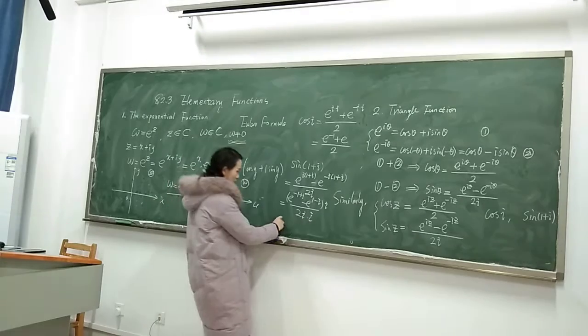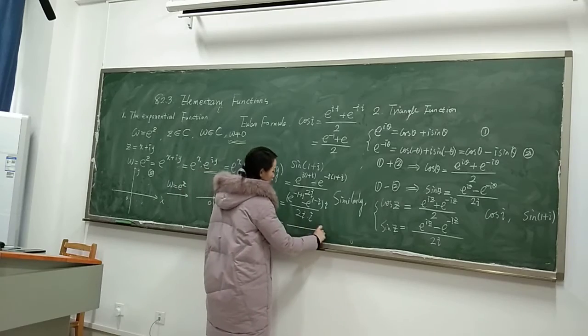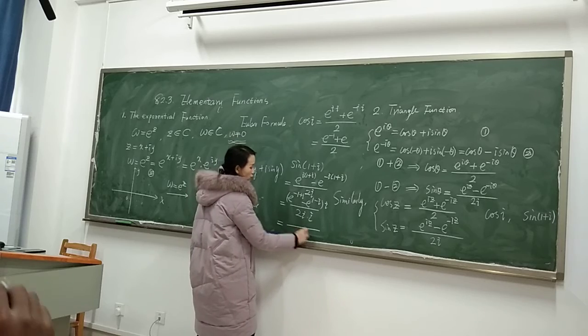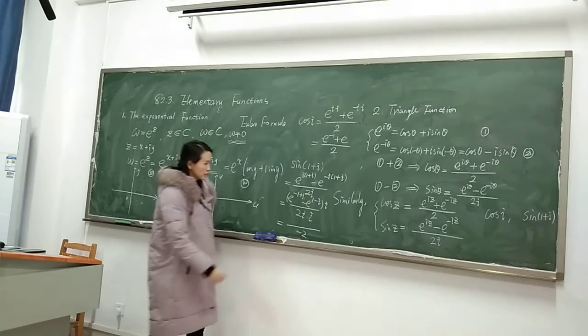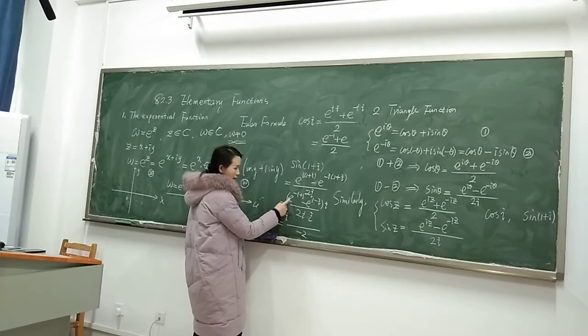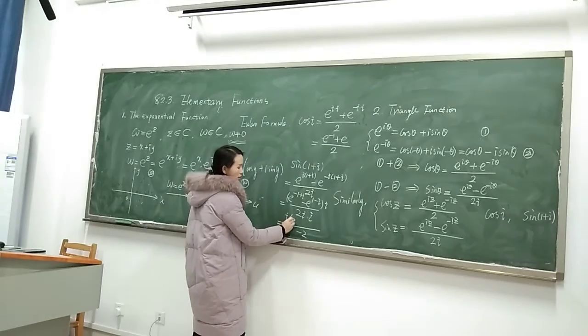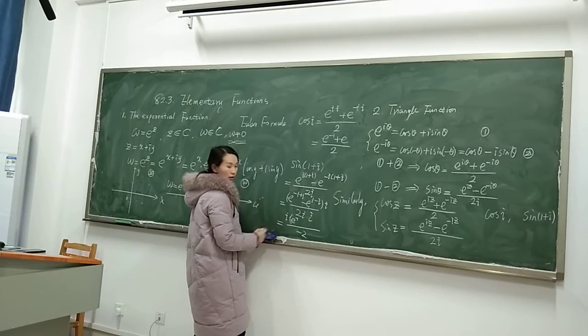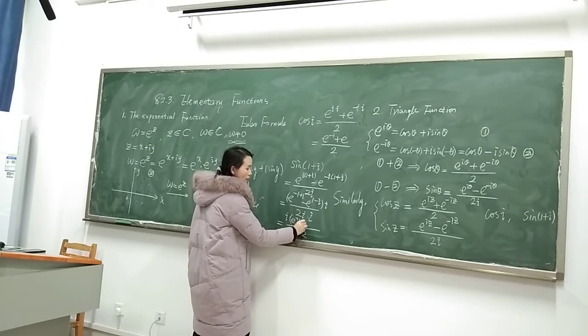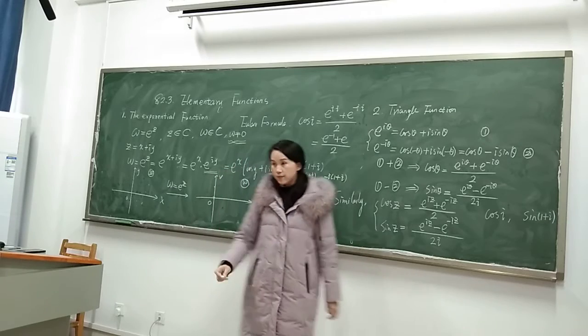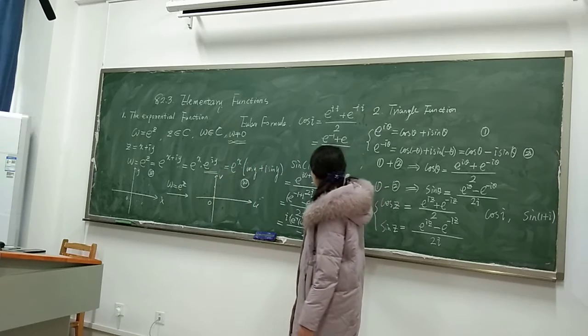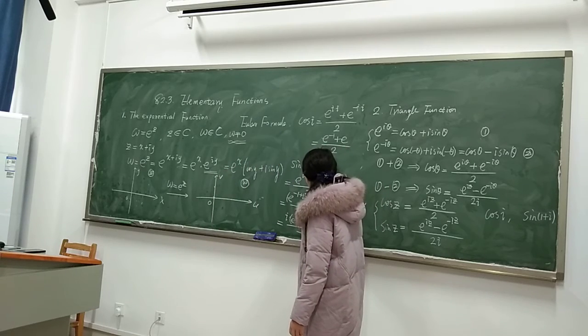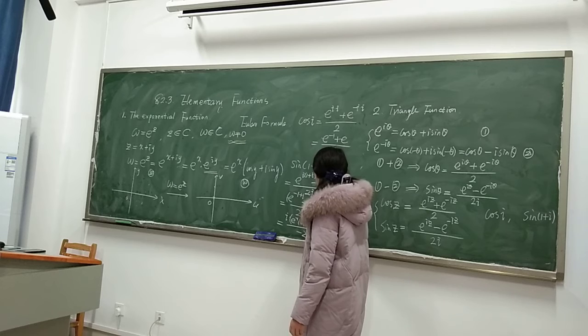So i squared is minus 1. Here is minus 2. Here you can write e^(-1), Euler formula, cosine 1 plus i sine 1.